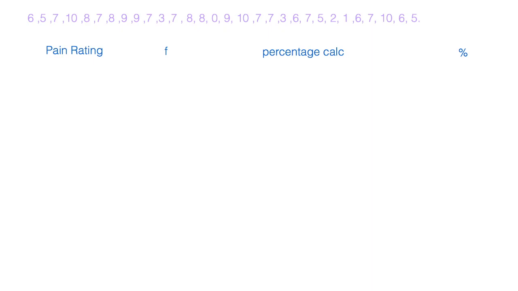It's still done by hand because often we have data in a format that was given to us by hand, say, handwritten in a survey. So this is not entirely obsolete. Let's give this a try. We have ratings from 0 to 10, so let's start by putting those over here in our pain rating column.